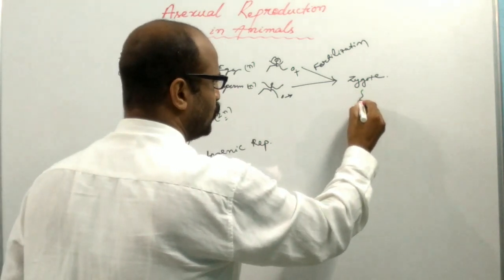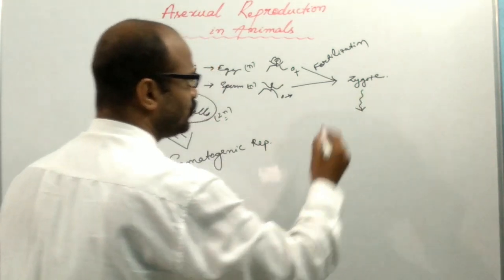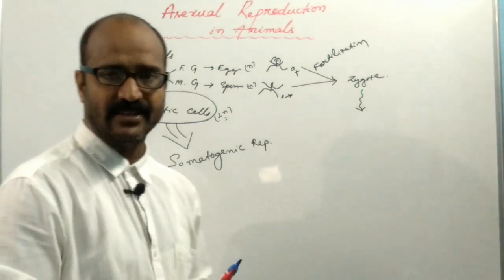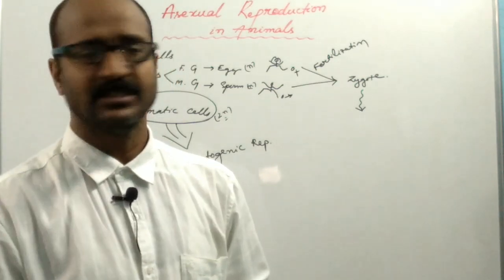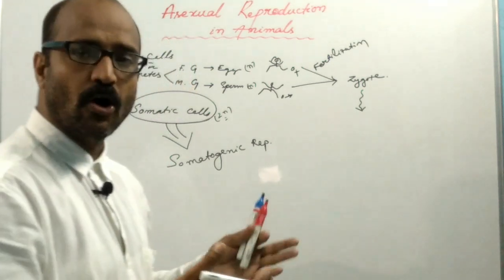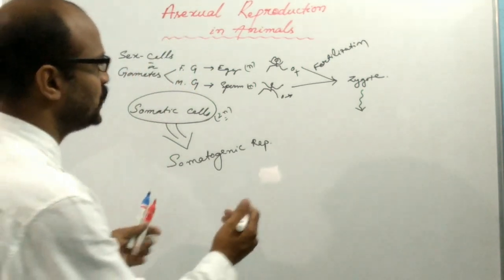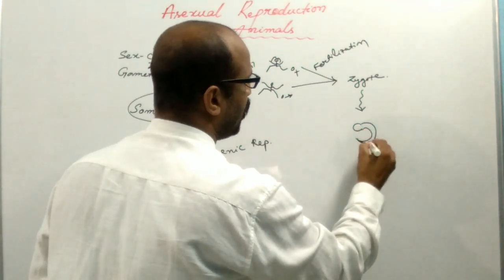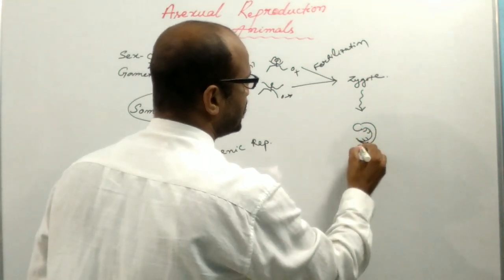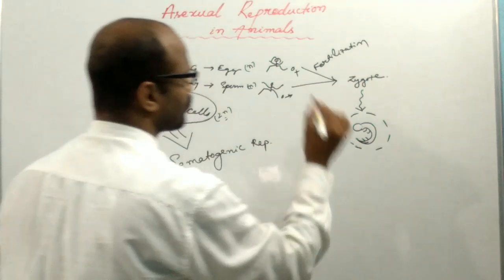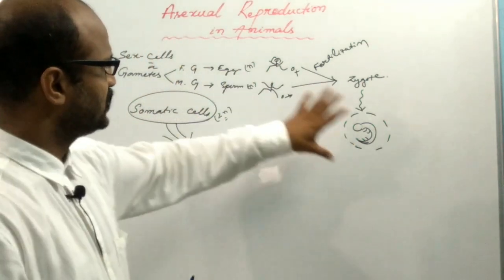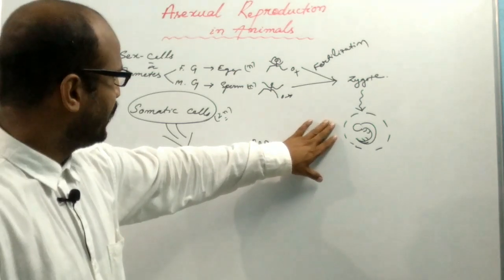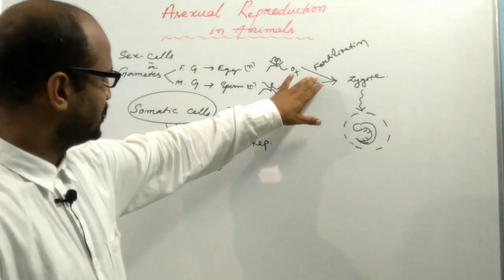Such zygote undergoes development phases like cleavage, blastulation, gastrulation, organogenesis, and eventually a small offspring or embryo is developed. So this process is known as embryonic development, and this is the fertilization.